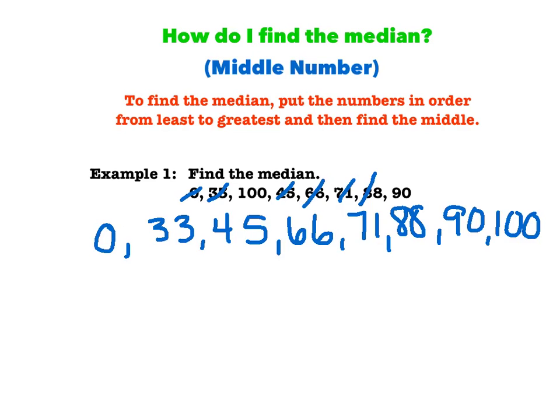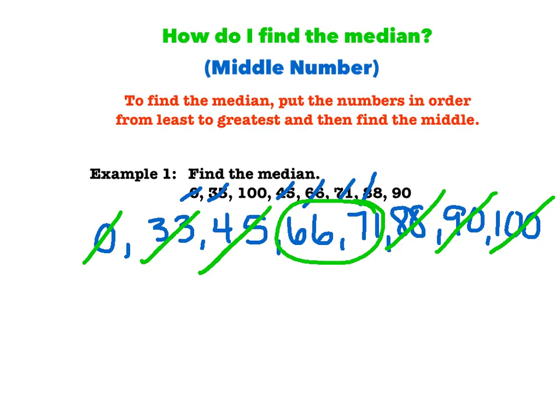Take one off the smallest end, take 1 off the other end. Take 1 off here, 1 off here, 1 off here, and 1 off here. Now, we ended up with 2 numbers in the middle. If I end up with 2 numbers in the middle, you need to find the average, or the mean, of those 2 numbers.